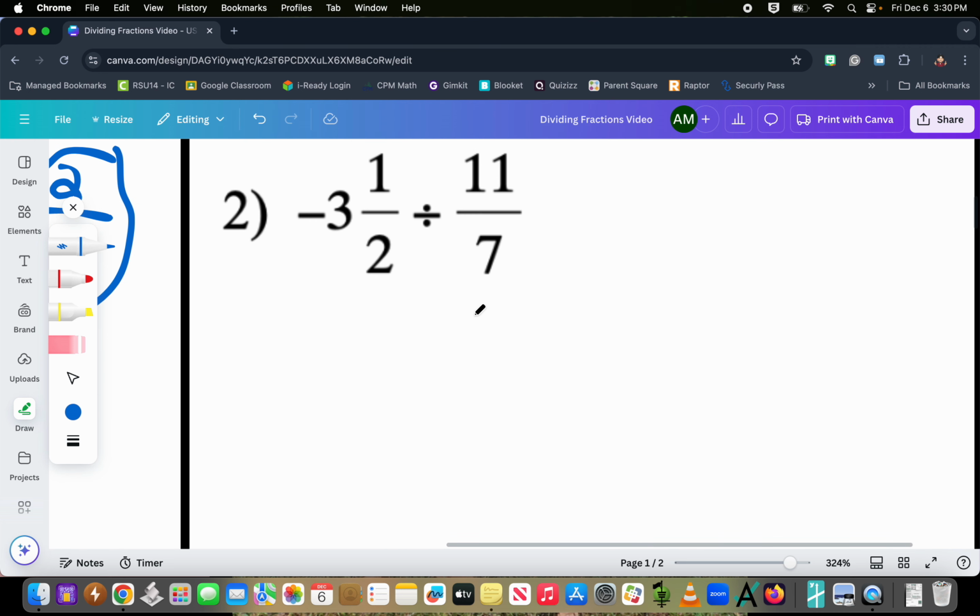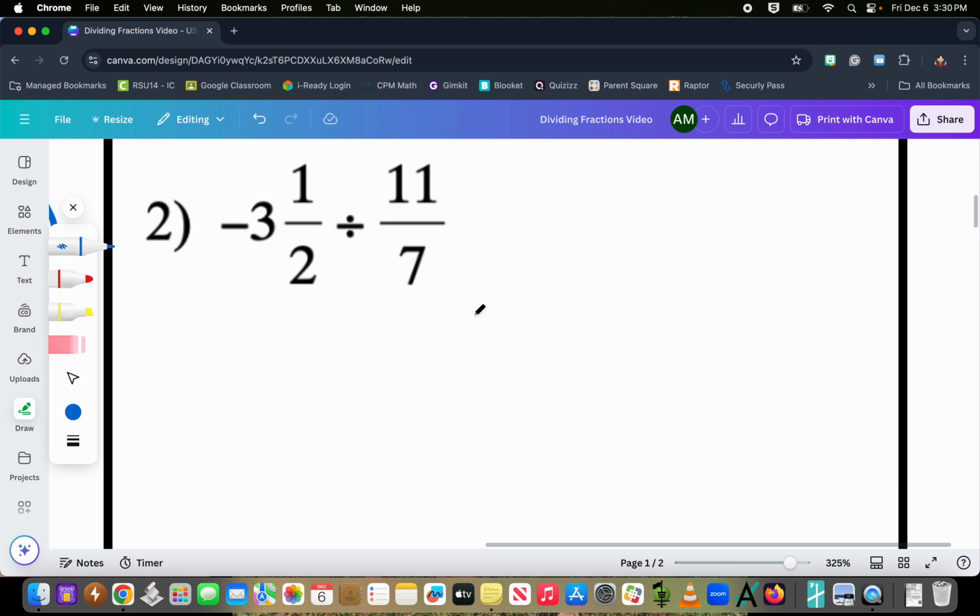This one's a little bit different. We've got a mixed number. With division problems that have mixed numbers, we're going to do the same process of keep, change, flip, but first we have to change the mixed number to an improper fraction. If we remember, we do that by multiplying and adding. So 2 times 3 is 6, and 6 plus 1 is 7. So I'm going to rewrite this one as 7 over 2 divided by 11 over 7.